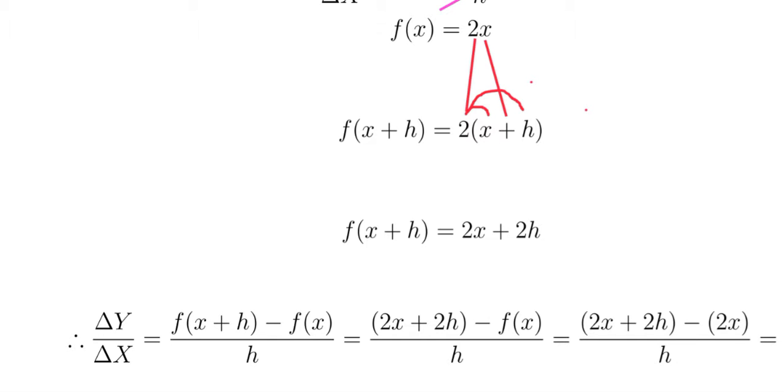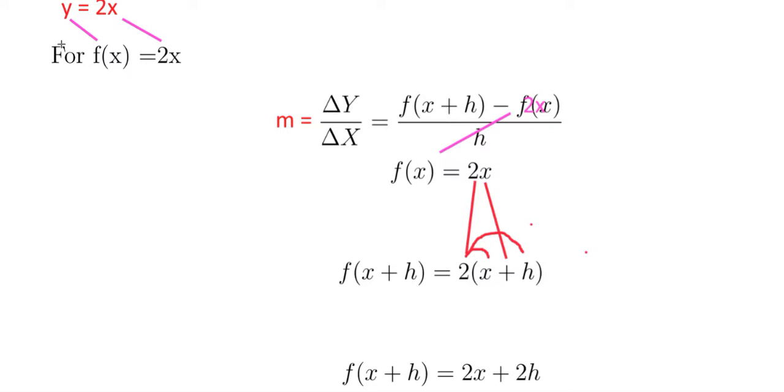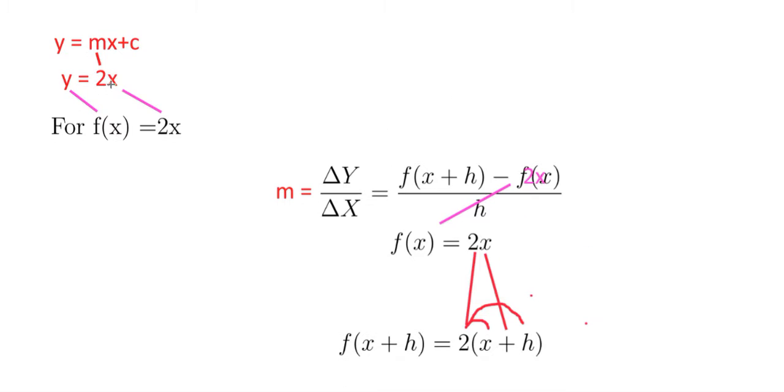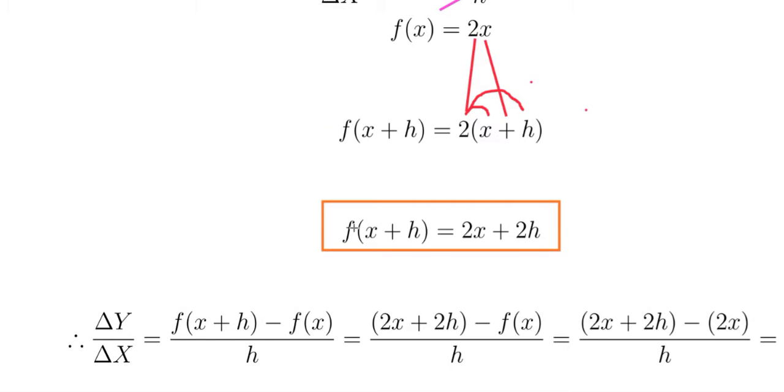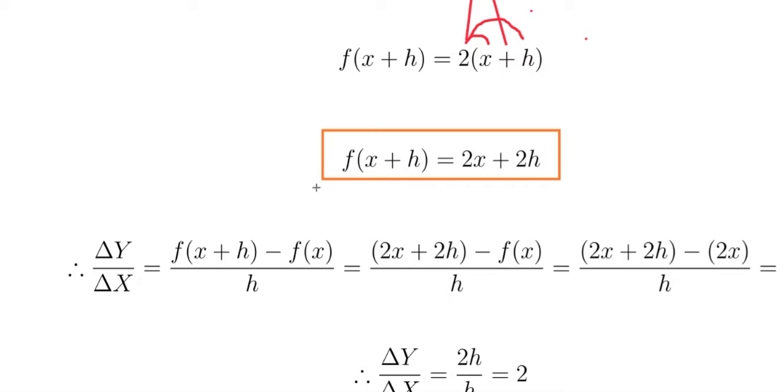So if someone were to ask for the function f(x) equals 2x, or y equals 2x, the answer for f(x) is 2x, and the answer for f(x + h) is 2x plus 2h. I'm hoping I broke that down into enough steps for you to know how I got to that. So therefore I can substitute this in.